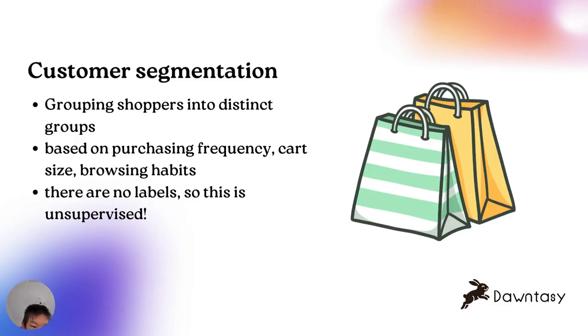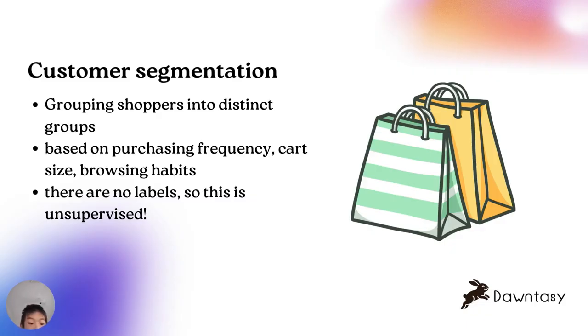An example is customer segmentation, in which we would group shoppers into distinct groups, even when they don't have labels like frequent shopper or not frequent shopper. You look at the patterns yourself, and based on the purchasing frequency, cart size, or browsing habits, the model just naturally learns to figure out the patterns in the data itself.